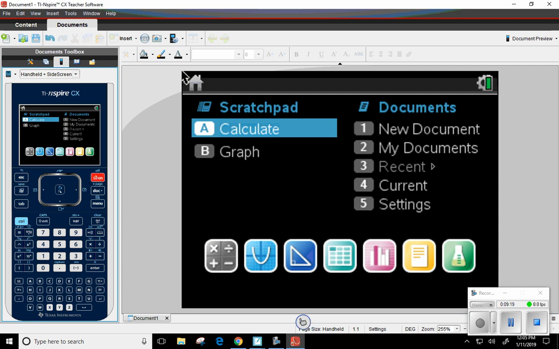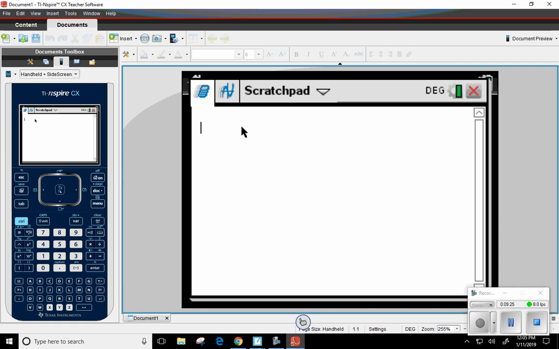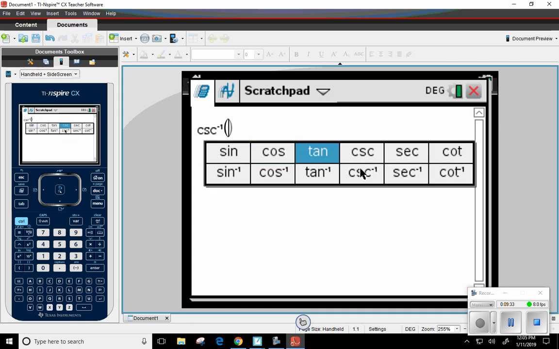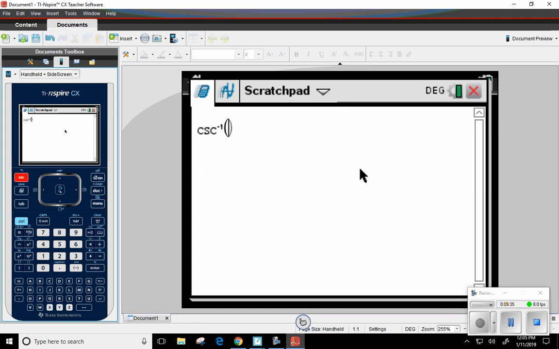So let's see here. I'm going to hit trig. Oh, might help if I get to the calculate screen first. So trig. Now you'll notice it's doing the same thing it was the other day. But I'm going to choose cosecant inverse because that's what I'm looking for. Let me hit escape. It hasn't done that in quite a few years. It didn't do it last year at all.